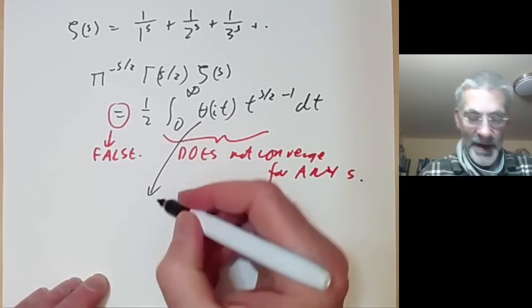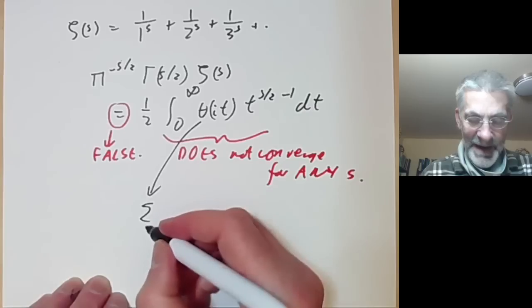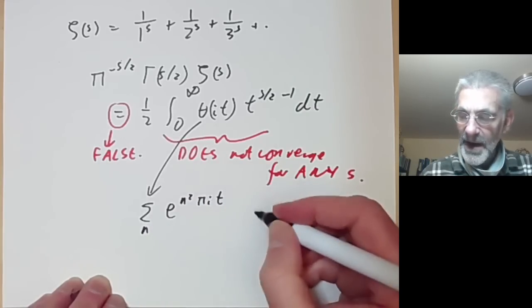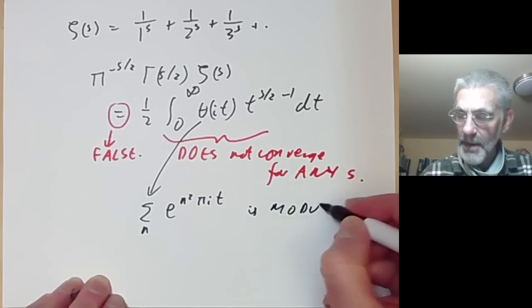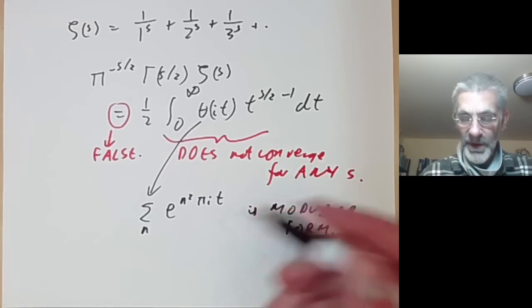Anyway, this bit here is the sum over all n of e to the n squared pi i t, and is a modular form, more or less.